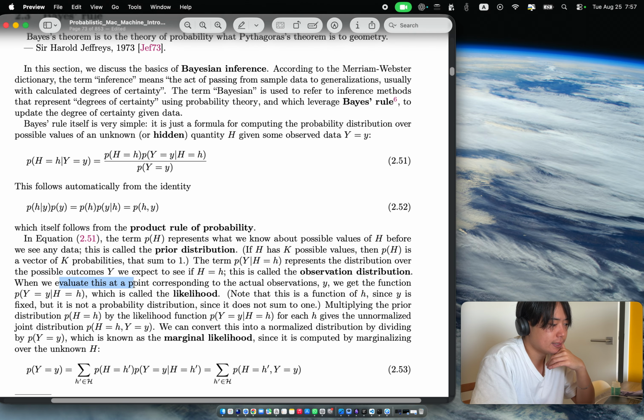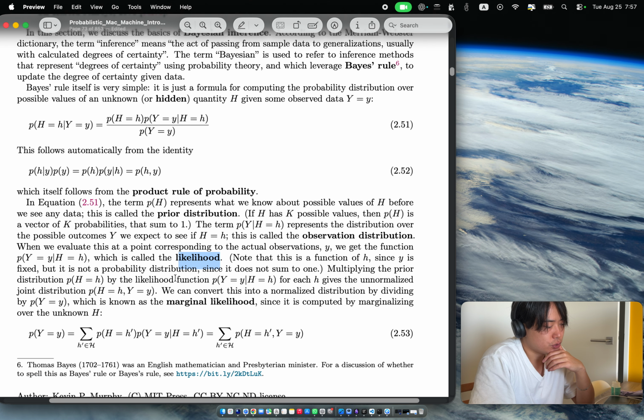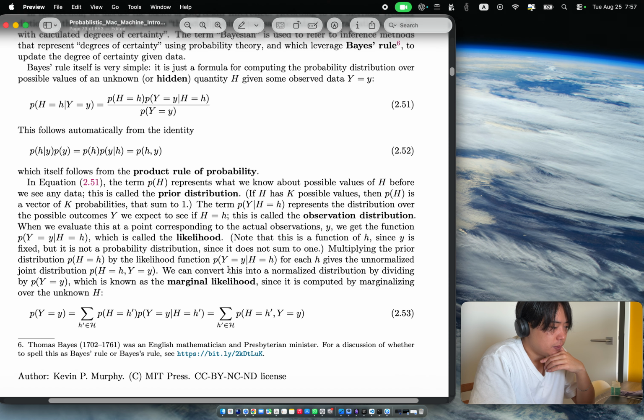When we evaluate this at the point corresponding to observation Y, we get a function of H, which is called the likelihood. So the term likelihood is showing up for the first time here. And we can convert this into a normalized distribution by dividing by the probability of Y, which is known as the marginal likelihood.